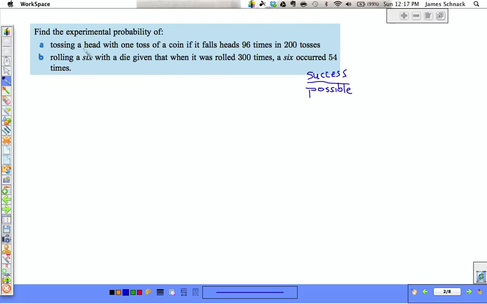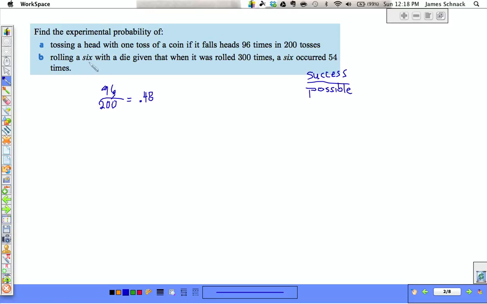So I'm going to take the number of successes, the number of heads, 96, divided by possible times, 200. That would be 0.48. Probability is given as either a decimal or as a reduced fraction.